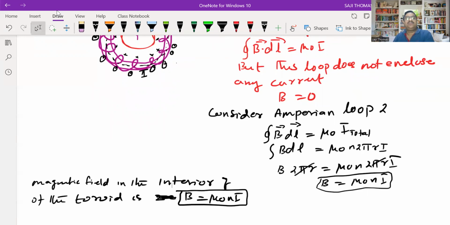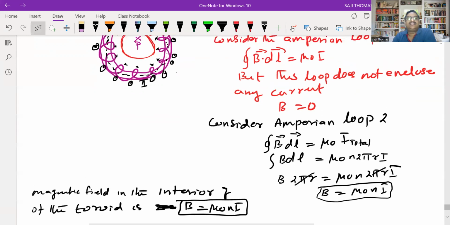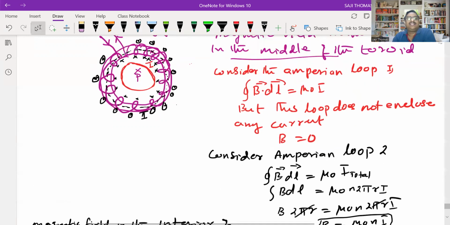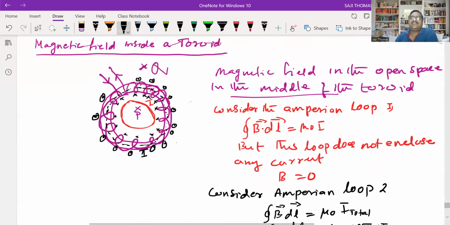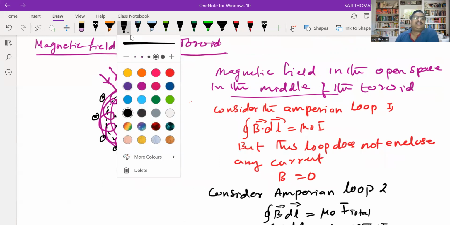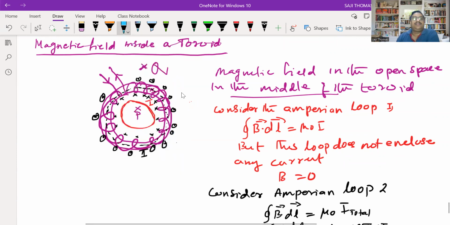Now you can find out the magnetic field at an exterior point. See the point Q I marked there. For that you need another Amperian loop, that is, passing through that point Q. So I am drawing another Amperian loop.